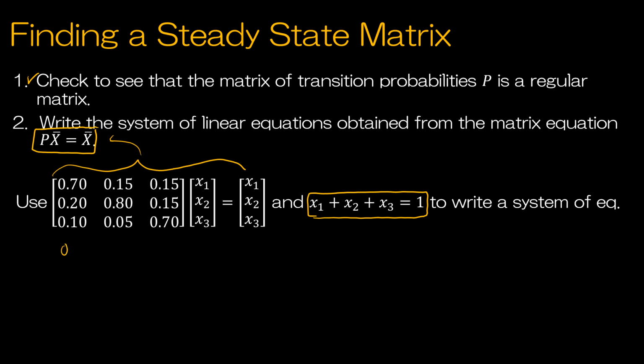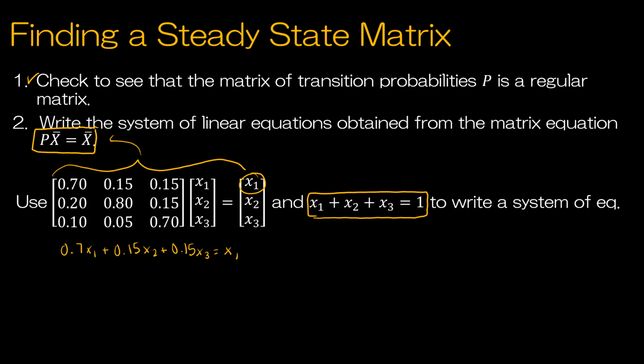This first equation says 0.7x1 plus 0.15x2 plus 0.15x3 is equal to x1. So I'm going to rewrite that so that it's equal to 0.